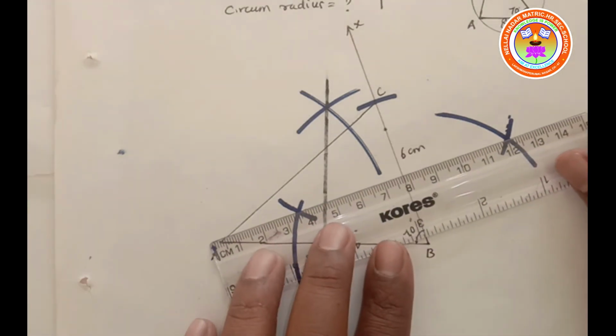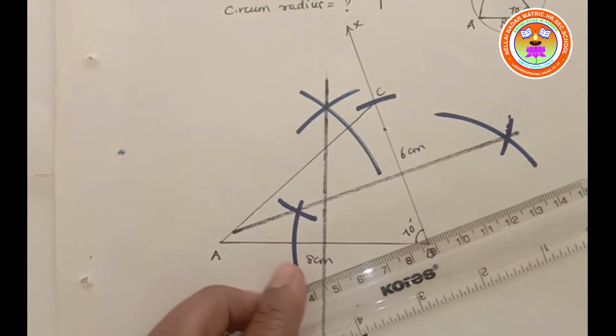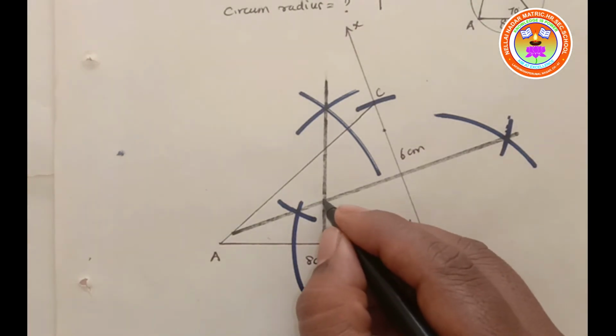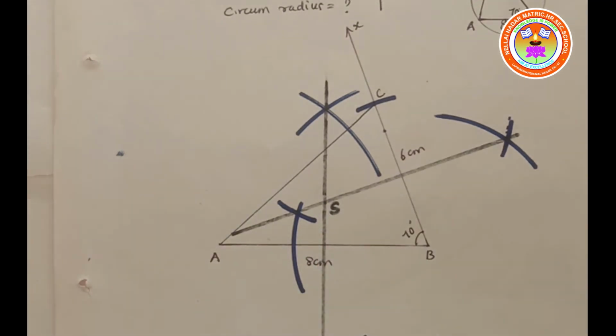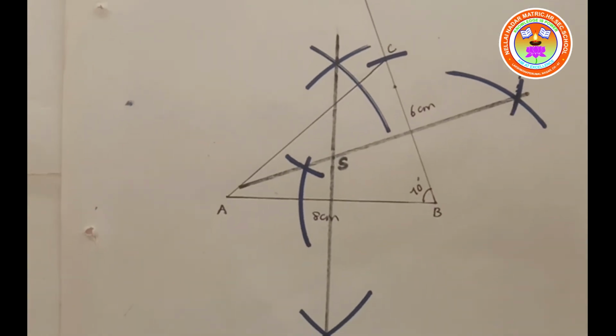Draw a line. Both the perpendicular lines intersect at this point, S. Now AS, BS and CS as radius, you are going to draw the circumcircle.